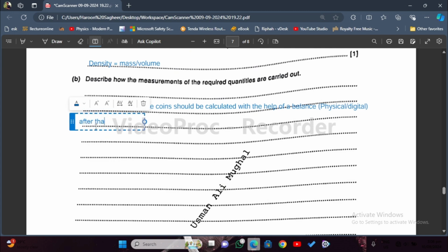After that, there should be a cylinder with a bit of water in it, so that it gives the initial reading of volume.